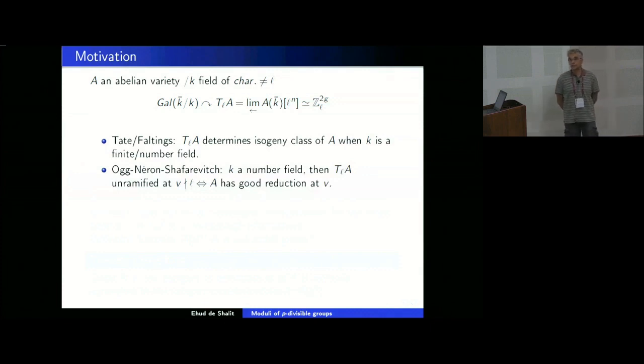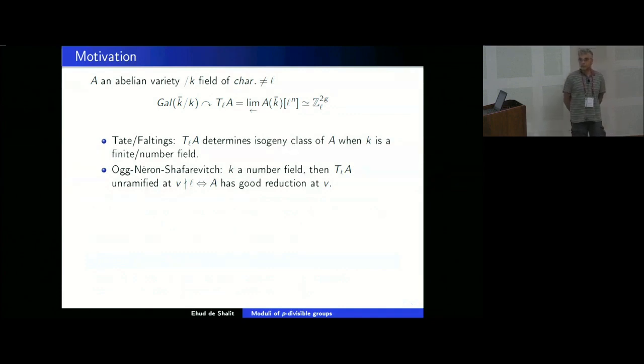And this continuous action, at least if the field K is small, tells us quite a lot about the abelian variety. For example, Tate in the case of a finite field and Faltings in the case of a number field show that it determines the isogeny class of A completely.